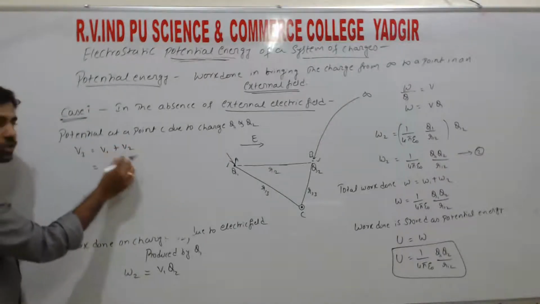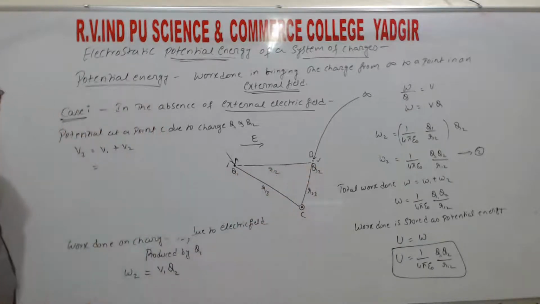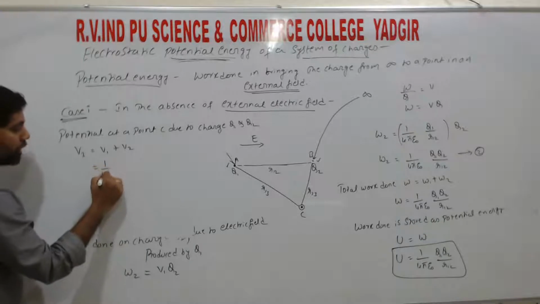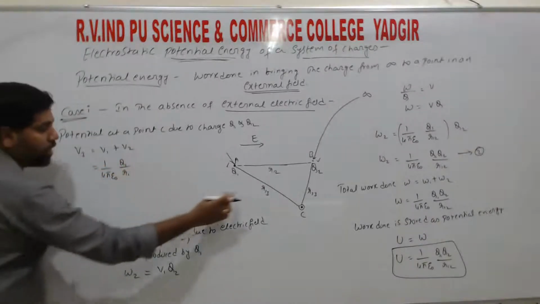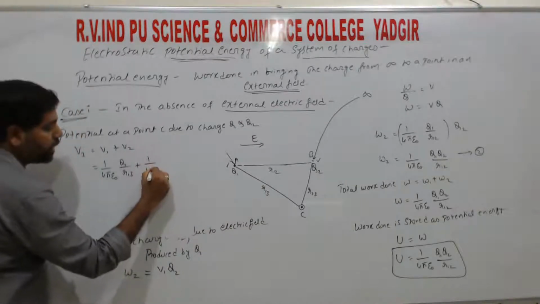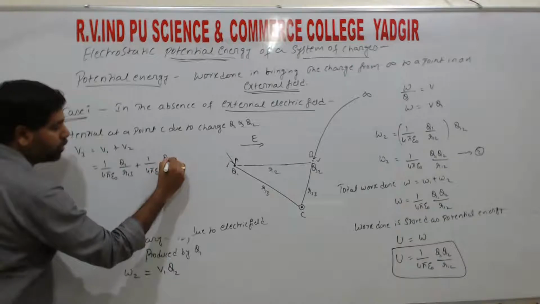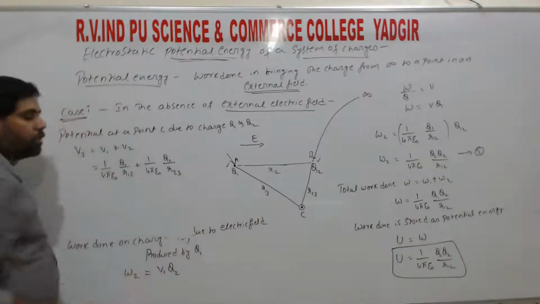So V1 is the potential due to charge Q1 and V2 is the potential due to charge Q2. Again by the formula, 1 by 4 pi epsilon naught Q1 by R13 plus V2, the potential, 1 divided by 4 pi epsilon naught Q2 divided by R23, right?